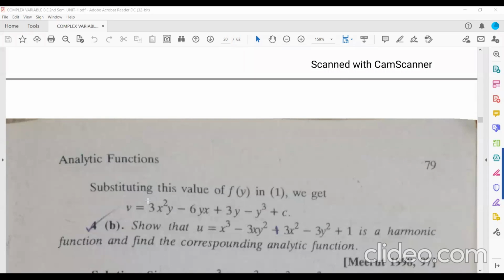So u is given. From that, using this method, you got v. Now, if you need to find the analytic function f of z in terms of z, what do you do? This is u plus iv using this method. So u value you have already got, you know v, just put it here, and then write it in terms of z.